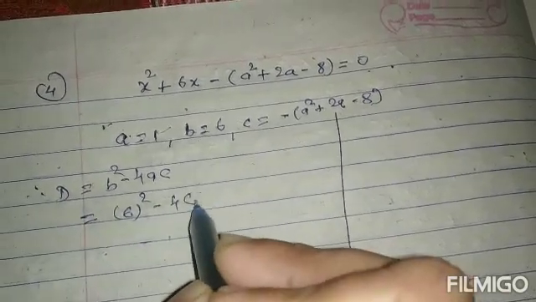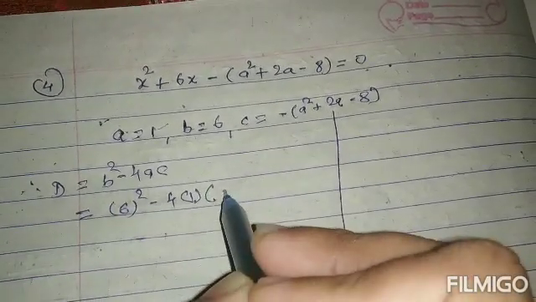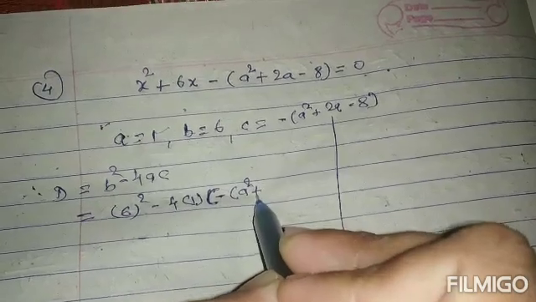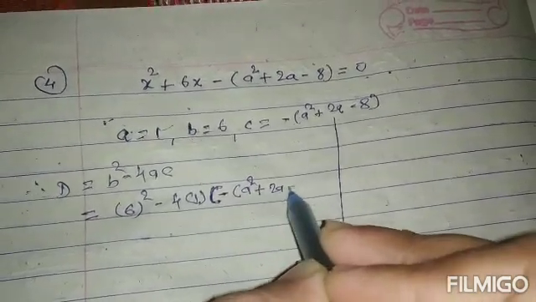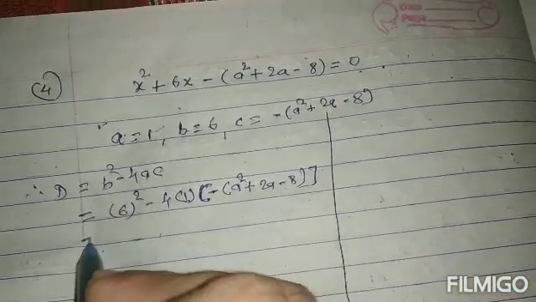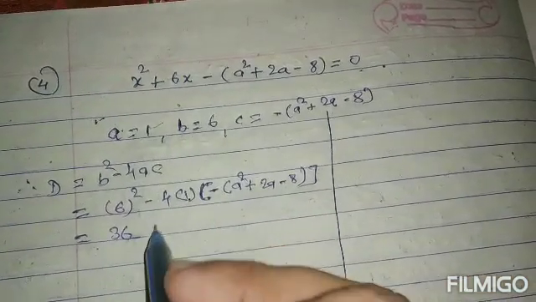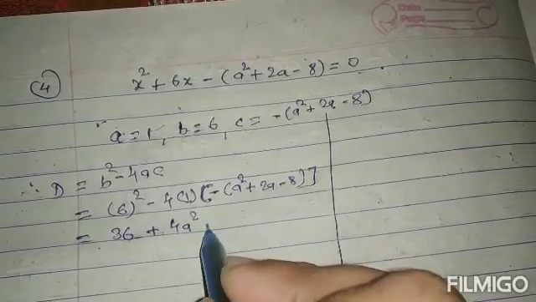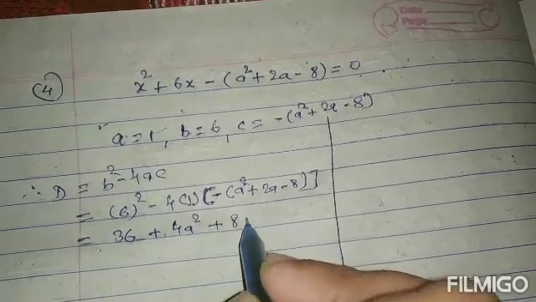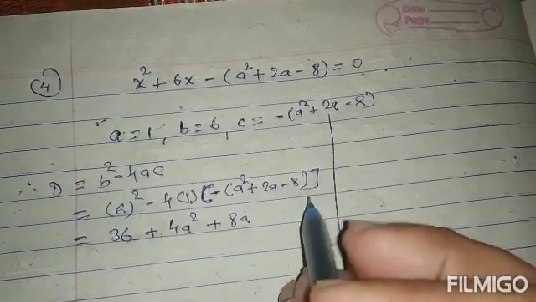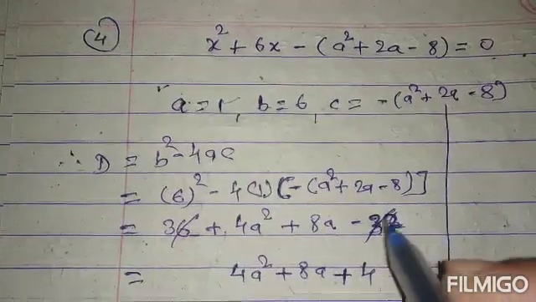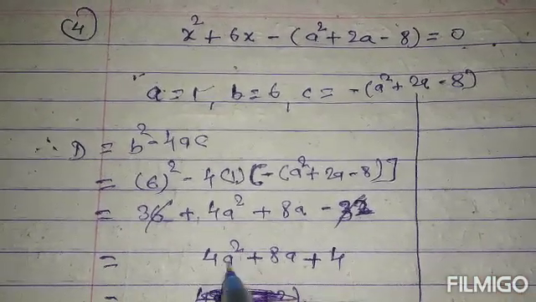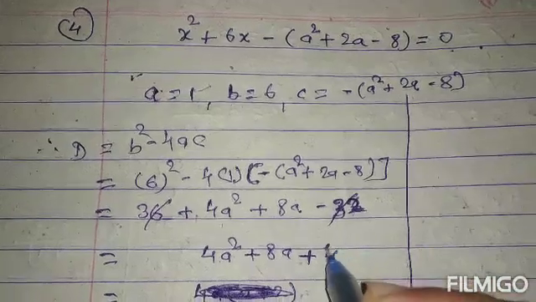So 6 square minus 4 into 1 into minus a square plus 2a minus 8. 6 sixes are 36, minus minus plus 4a square, plus 4 twos are 8a, and minus 32. It equals 4a square plus 8a, and 36 minus 32 is 4.